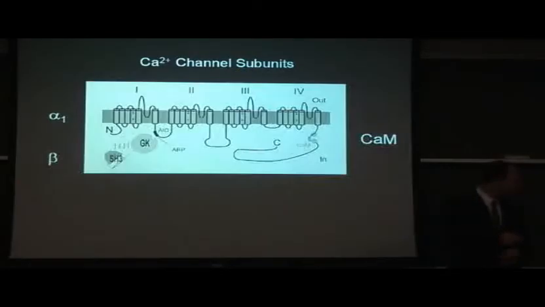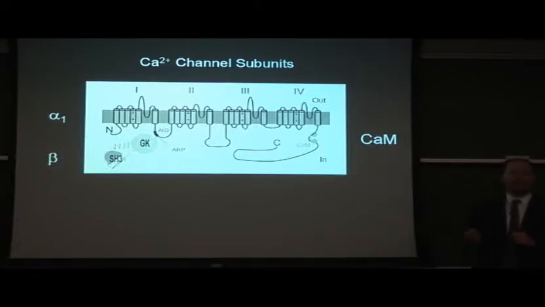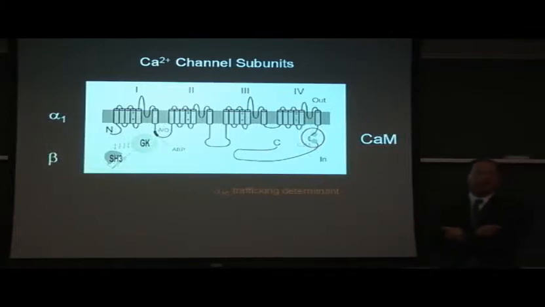And so, as a first pass, I'm going to show you that calmodulin controls trafficking of calcium channels. Why we started looking at this is that there was work from Marlene Hosey's lab suggesting that there was a determinant within the C-terminus that was important for targeting calcium channels to the plasma membrane.